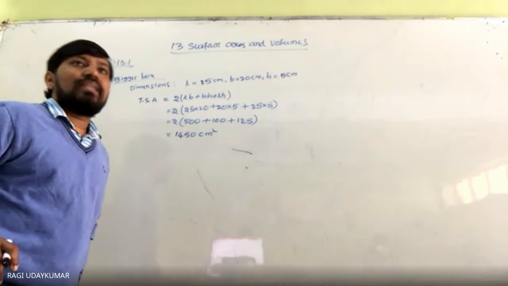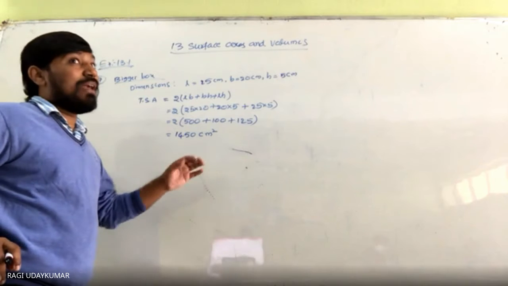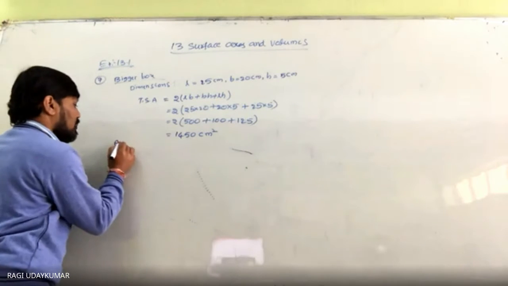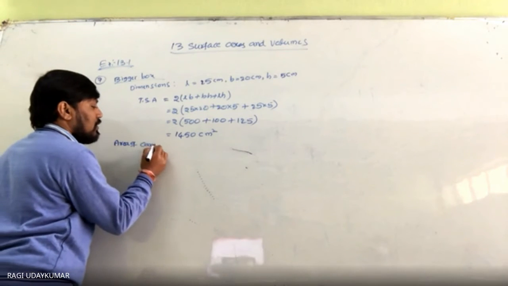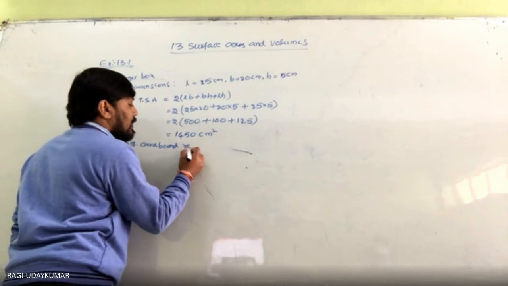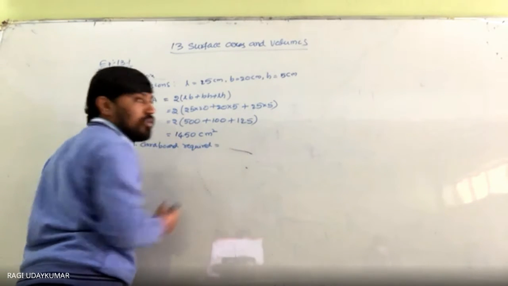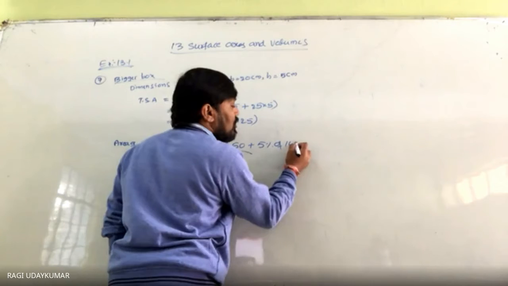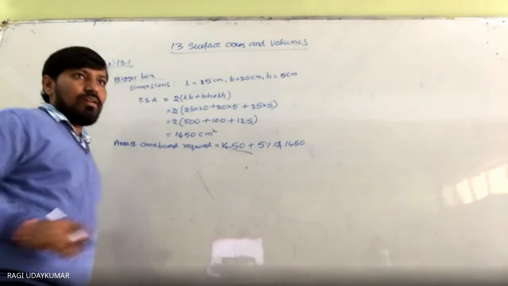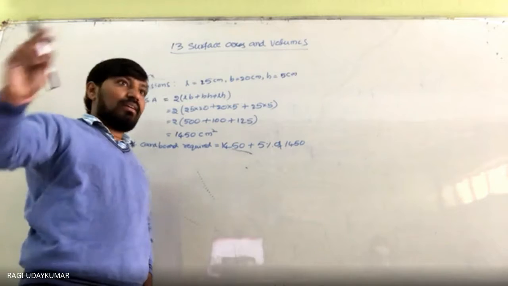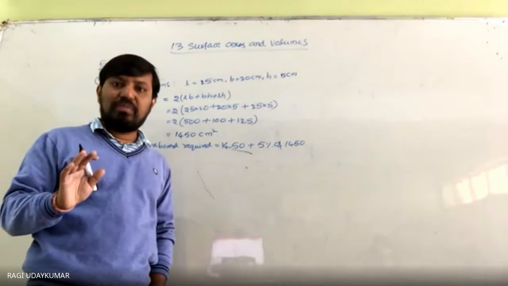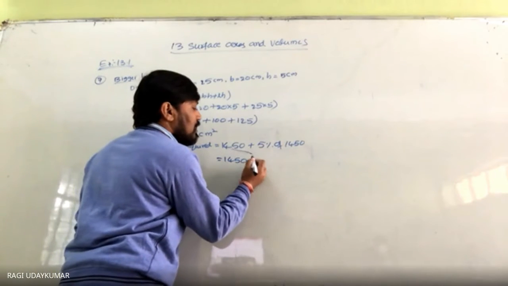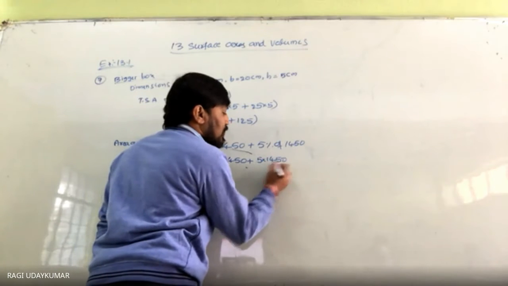This is the area of the box required, actually. But this is not complete, now we have to add 5% also. Area of the cardboard required for one box is equal to this total area 1450 plus 5% of the total area, because we have to add a little extra on the sides, that also has to be taken into consideration. So 1450 plus 5 into 1450 divided by 100.